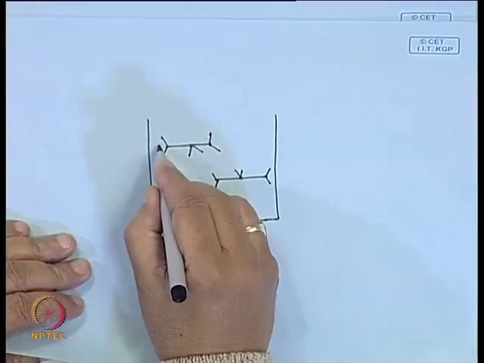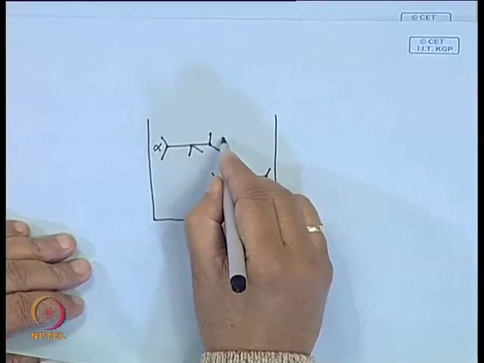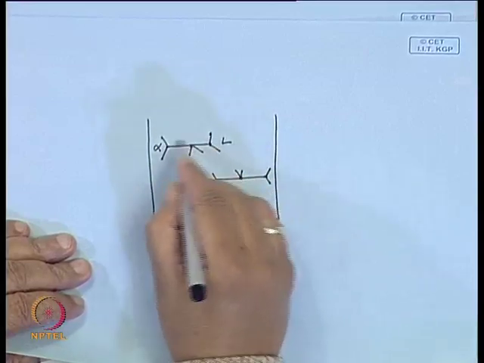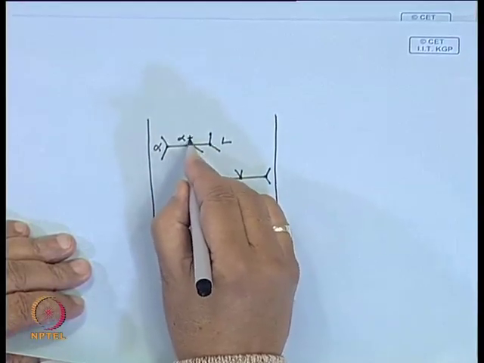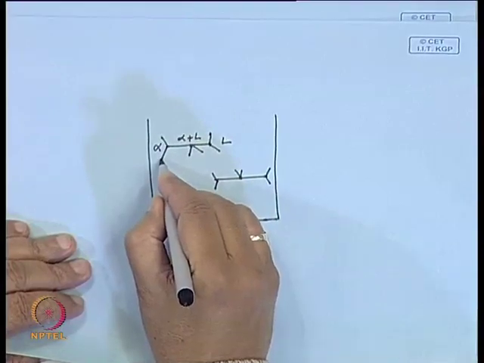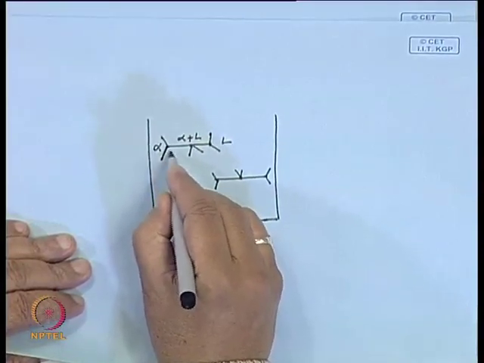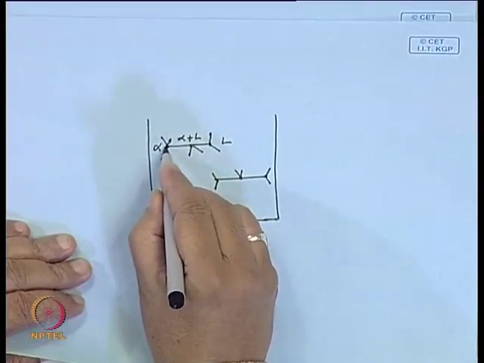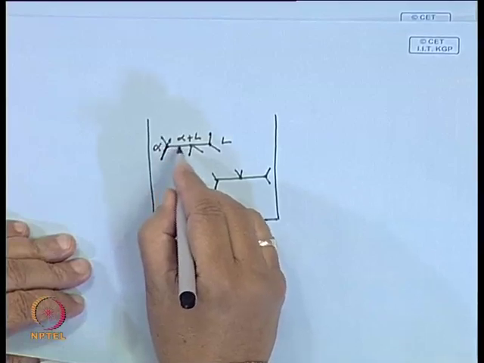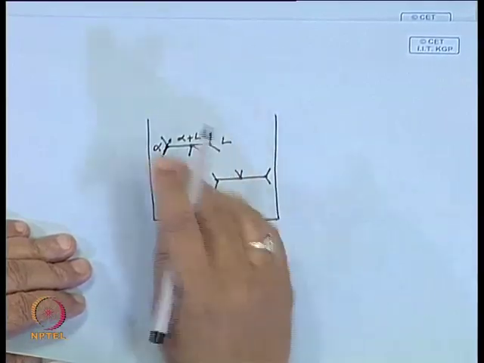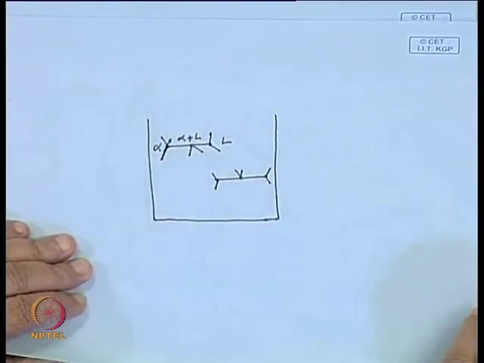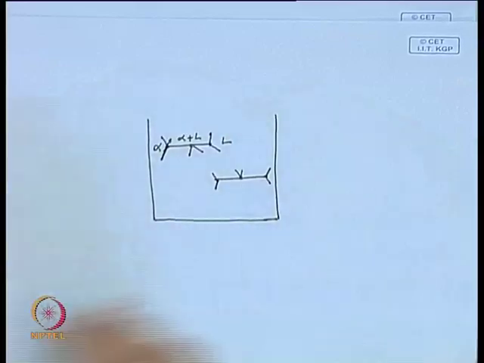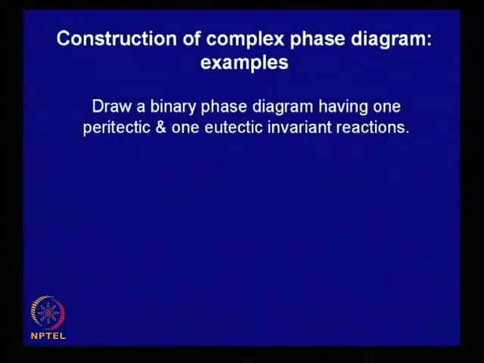So, say suppose this is alpha, this is liquid. So, this is a 2 phase region, and if you extend this line which is the boundary between a single phase and a 2 phase region, it should extend in this portion here. This cannot go to a single phase region. So, you follow some of these rules, and then it is possible to construct the diagram, which is shown here.